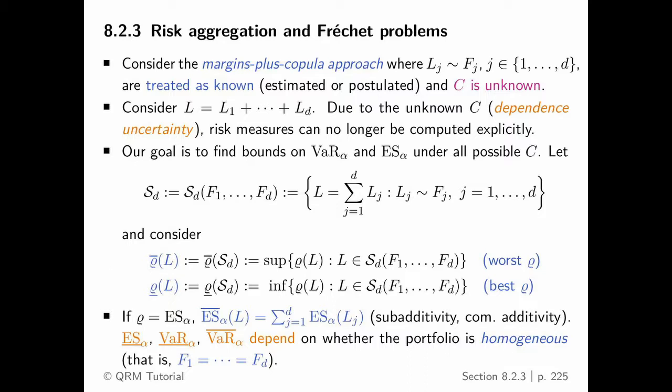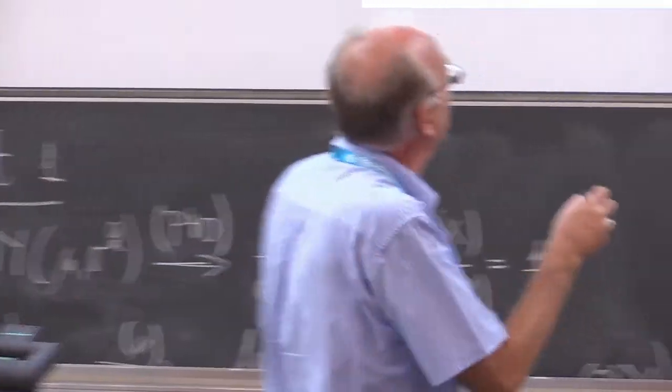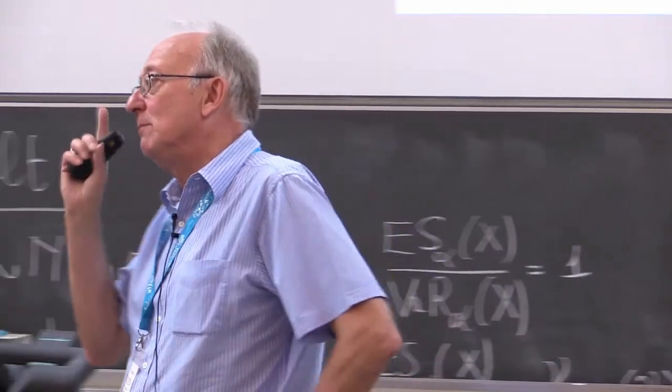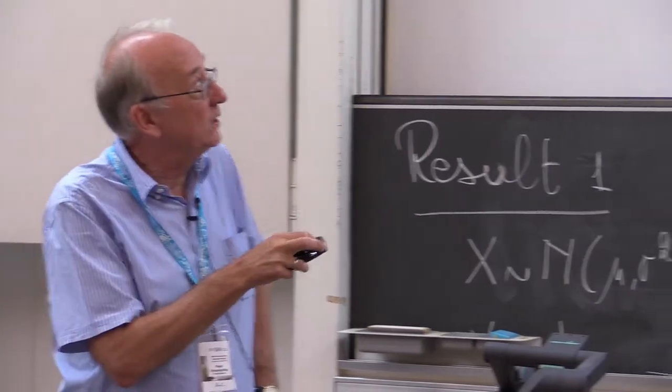The key word now is model uncertainty. Because I'm interested in a linear portfolio, as always, approximatively or as a construction already to start with, and now I only assume that you know the marginal distributions. That's the only condition you have.